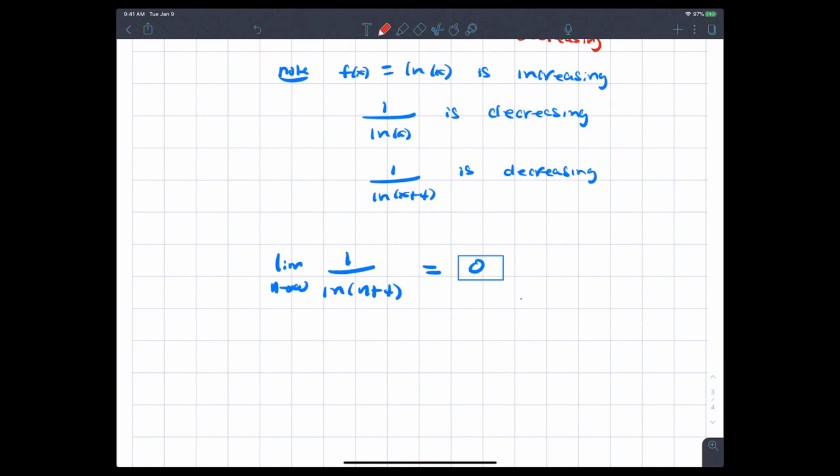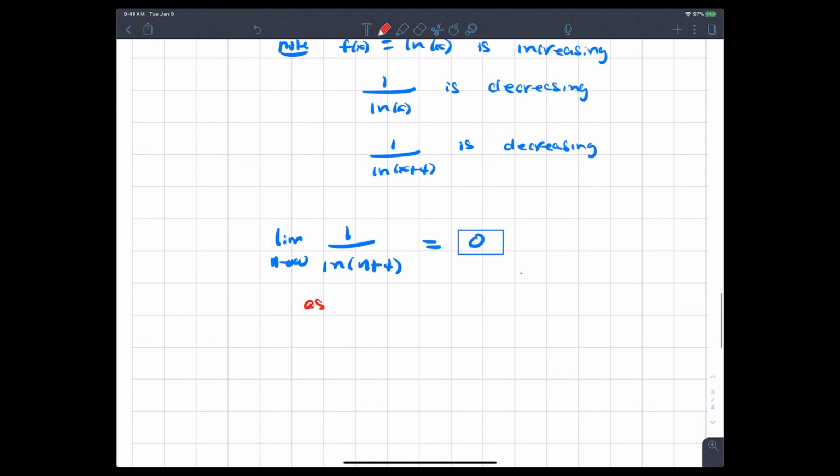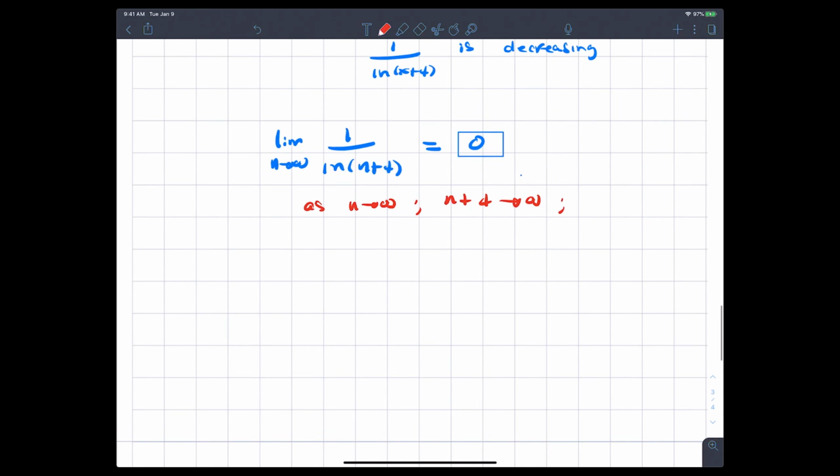So what we're saying here is that as n gets big, n plus 4 gets big. And what that means is the natural log of n plus 4 is also getting big, which means the reciprocal goes to 0. So this is the limit argument that we've been working with.